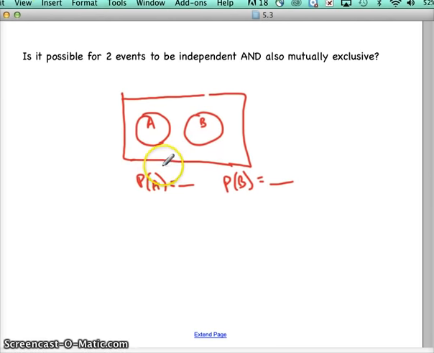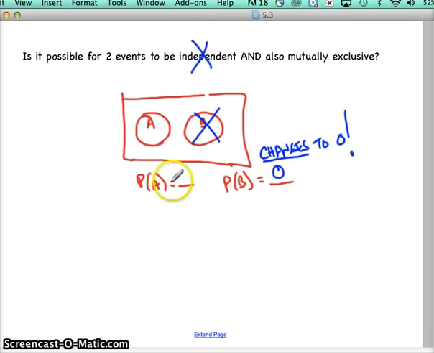Independent means if one happens, it has no effect on the other. Okay, but if they're mutually exclusive, they do have an effect on one another. Because if A happens, then there's no way that B can happen, so it changes B's probability to 0. And the key word is that it changes. So they cannot be independent because A happening changes B's probability. That's not independent then.